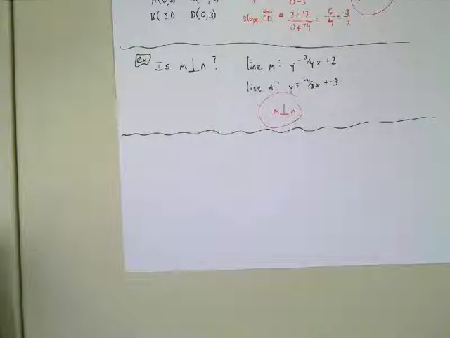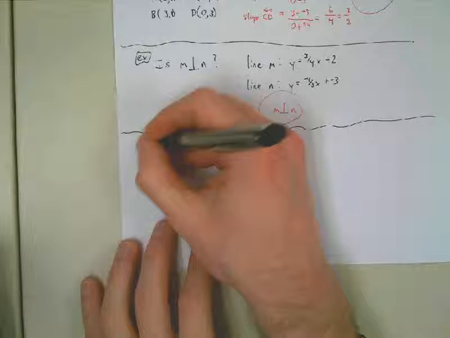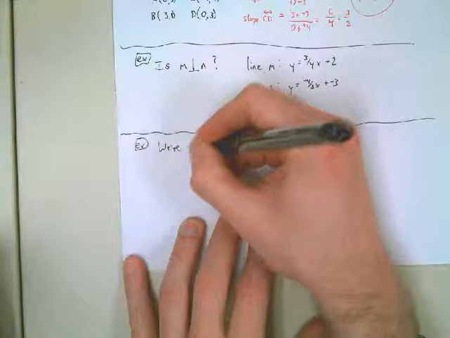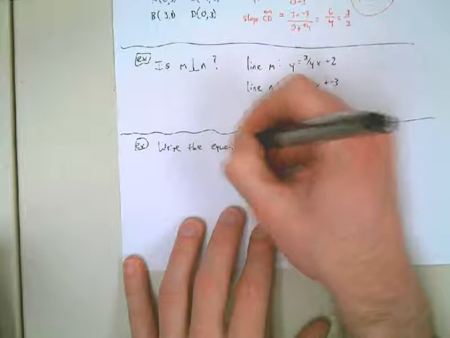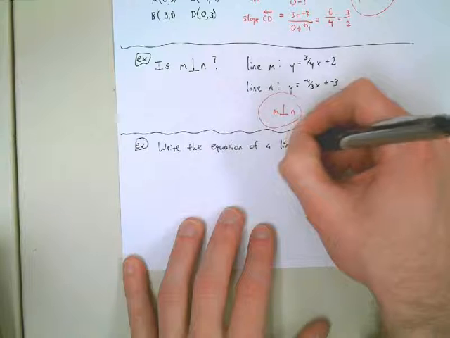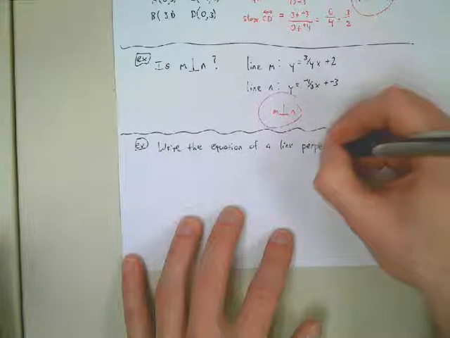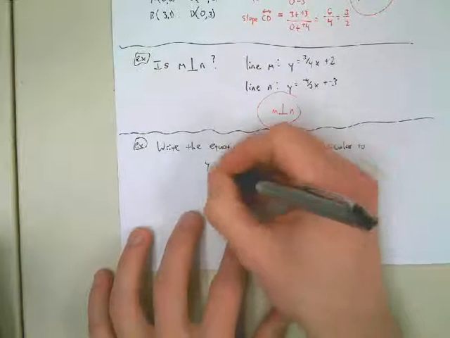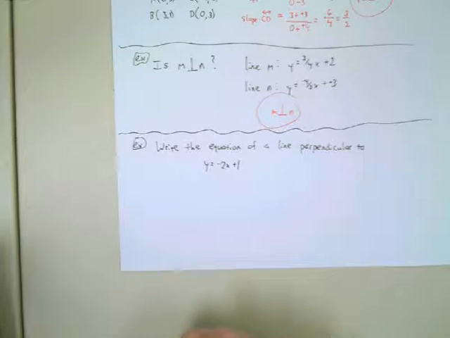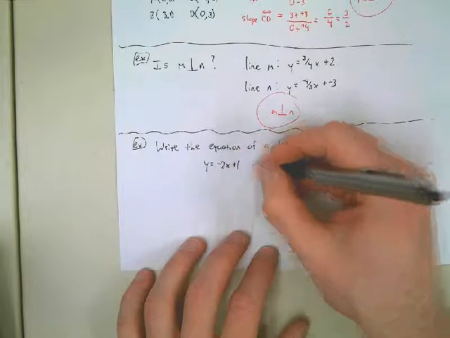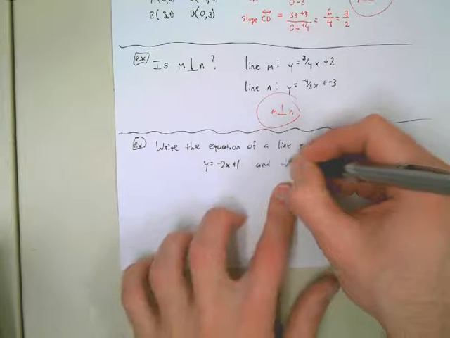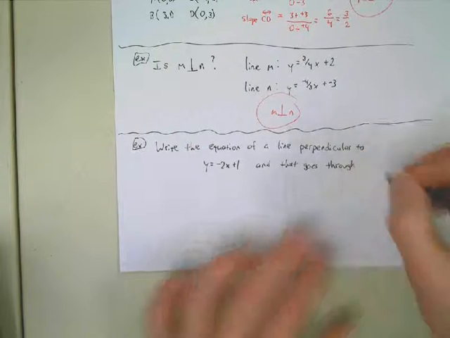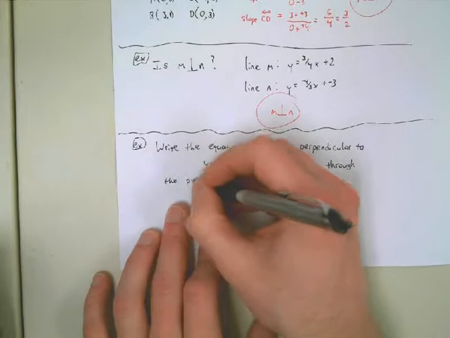The last thing I'm going to have you do, though, is just like we did for that last problem on the warm-up, where I asked you to write the equation of a line perpendicular to y equals negative 2x plus 1, and that goes through the point 4, 0.